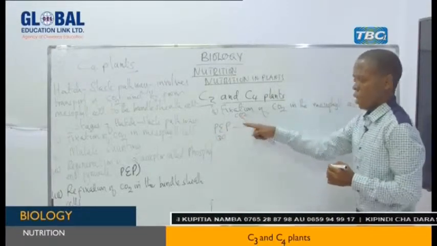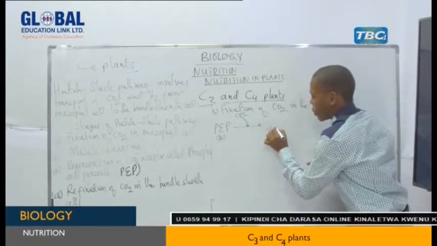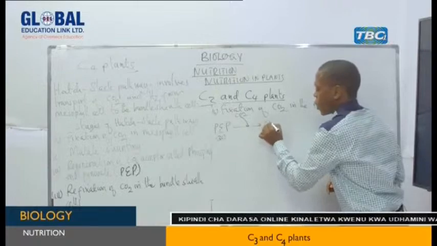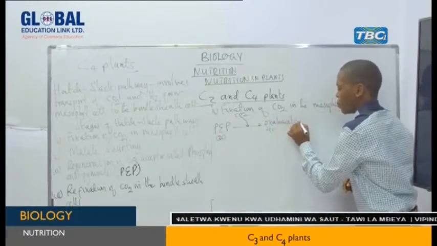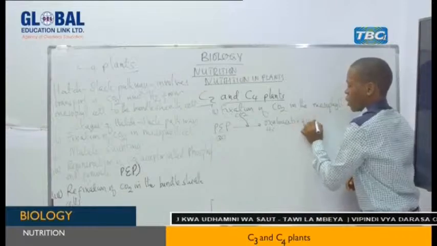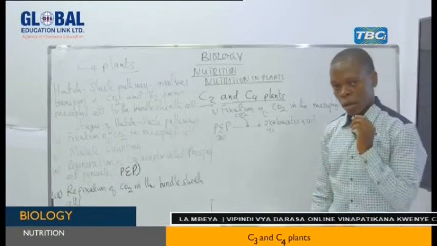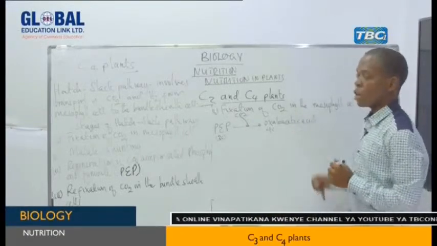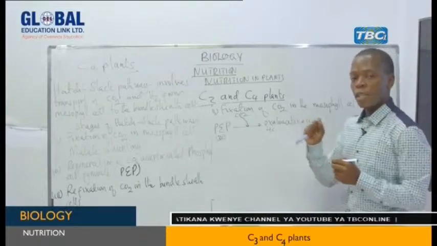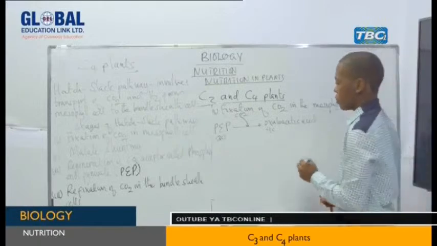When it accepts one molecule of carbon dioxide from the atmosphere, it forms a 4-carbon compound known as oxaloacetic acid. This is a 4-carbon compound.